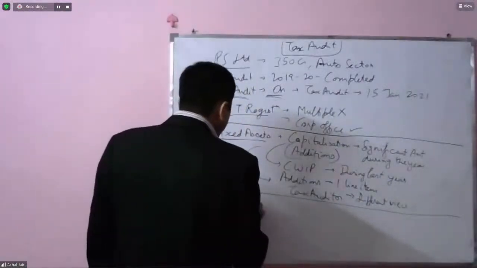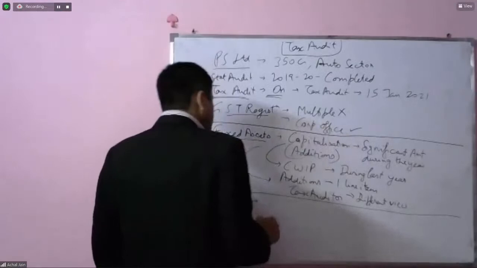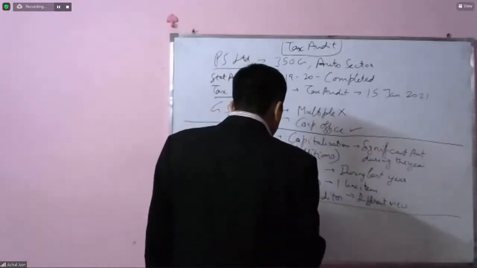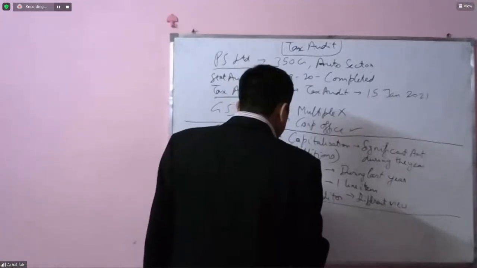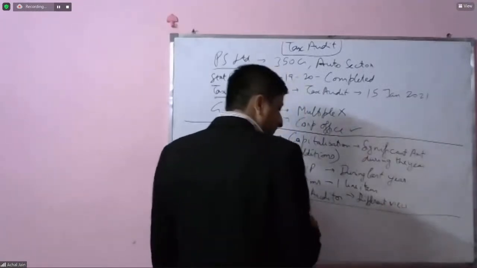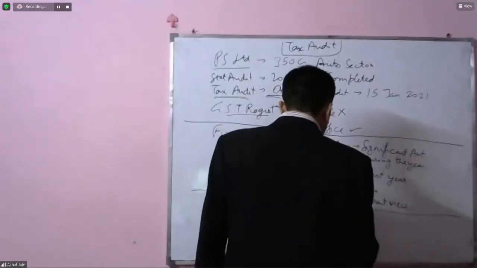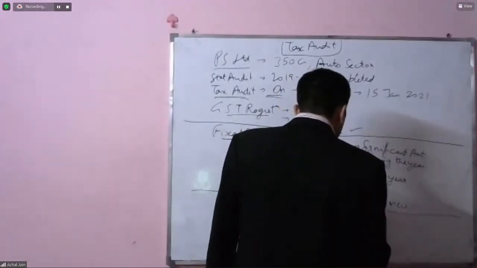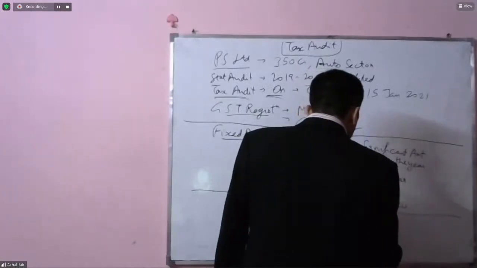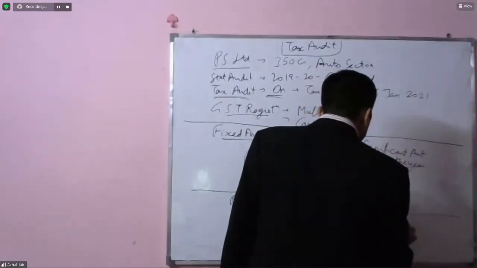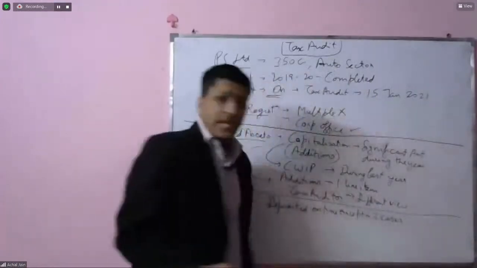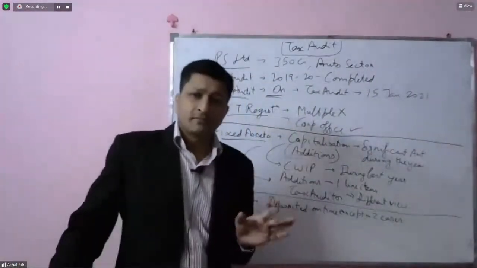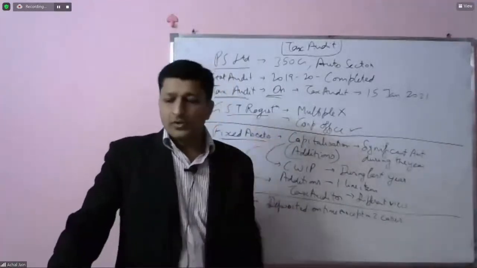The PF which got deducted and which got deposited was always on time except in two cases. Except in two cases, the PF was always deposited on time. Time means before the due date.